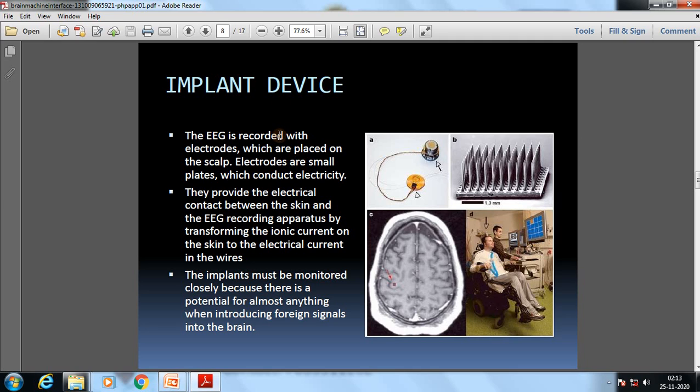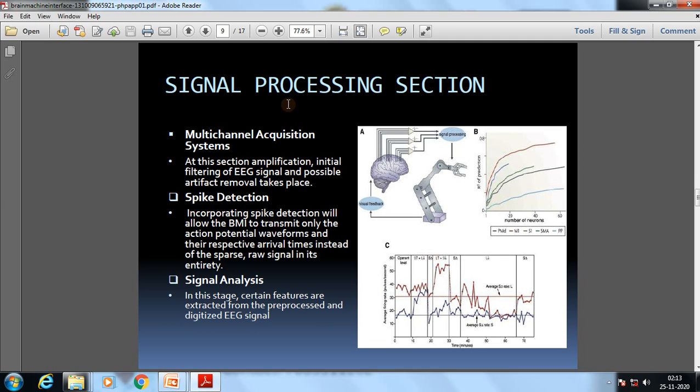Okay, so the signal processing section, multi-channel acquisition system. At this section, amplification, initial filtering of the EEG signal and possible artifact removal take place. Spike detection.